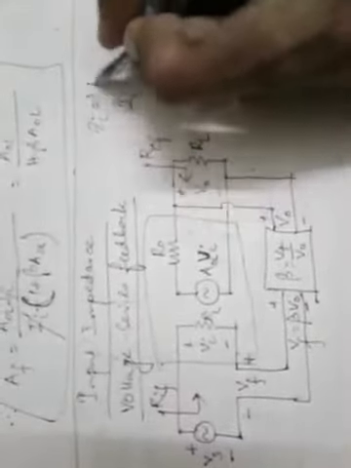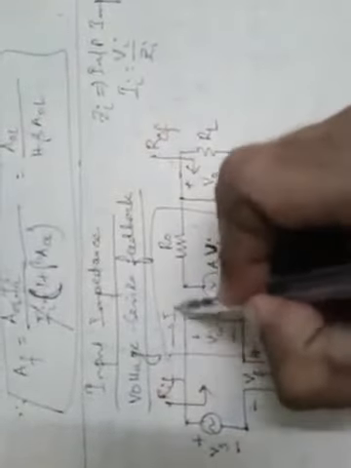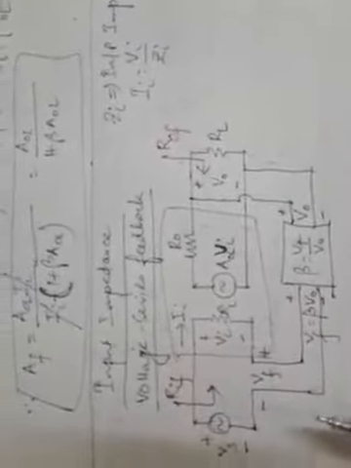By Ohm's law, the input current, which is considered as II, is flowing into the internal amplifier in this direction. So Vi by II is the Zi, which is seen from the input circuit when there is no feedback applied.